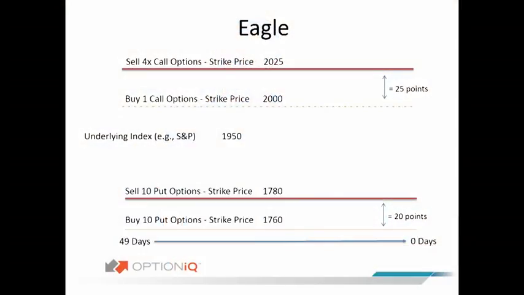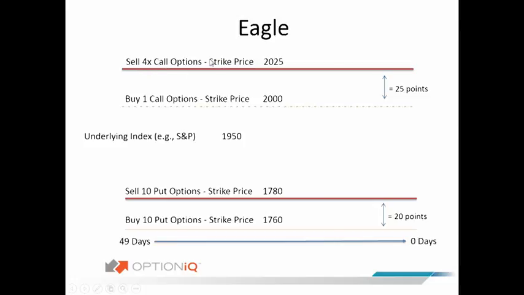What I want to talk about next is the eagle strategy. The eagle strategy is something completely different than the iron condor. It is a ratio strategy. And to really explain it, I'm going to bring it up here. With this strategy, with the market still around that 1950 price, with 49 days left in this particular trade, we are selling 4 call options on the eagle.